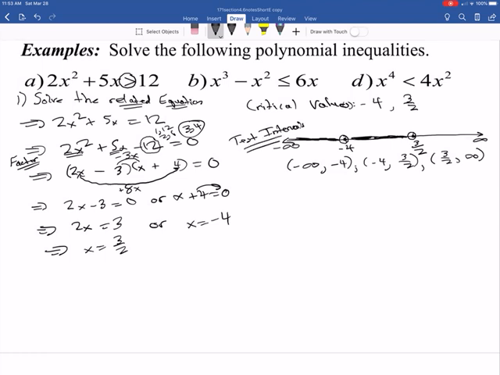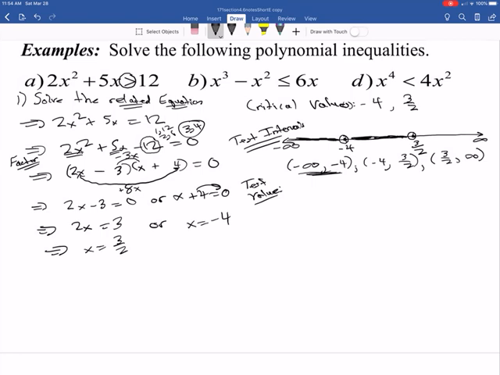Now we want to pick a test value. We want to figure out if -infinity to -4 is in the solution set. The only way to figure that out is to pick a number in that interval and see if it works. If it works, then yes, that's part of the solution set. We only need one number to test it. If one number works, they all work. If it doesn't work, none of them are going to work.